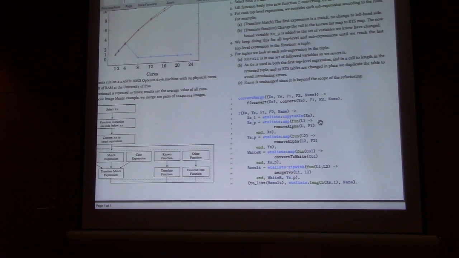I really don't understand why you copy the ETS table. Well, here you wouldn't need to, but unfortunately, since we are modifying it, our tool isn't able to detect that we are not going to be using it. But here we are returning the length of this ETS table. But okay, so map is modifying the table, but not changing its length. Sure, that's right. That's why I'm saying it's a limitation of the tool.